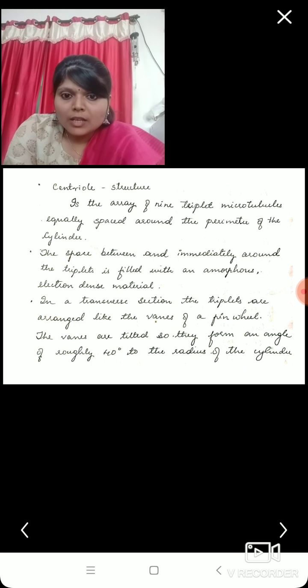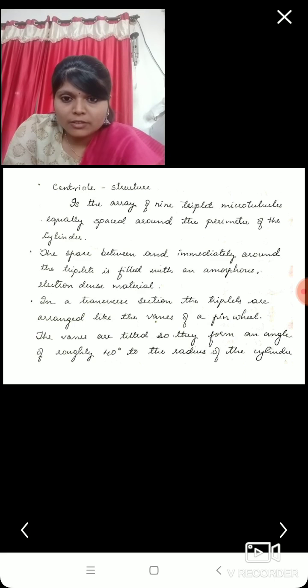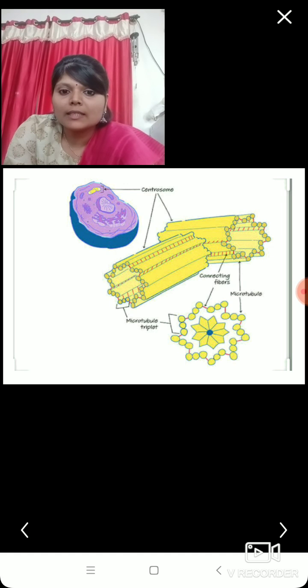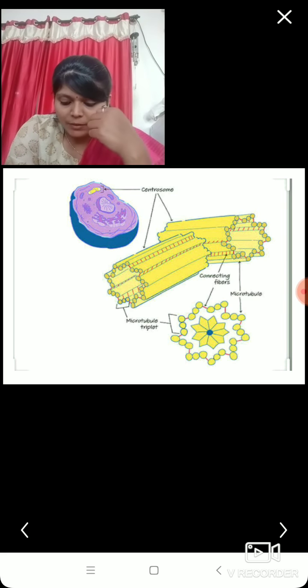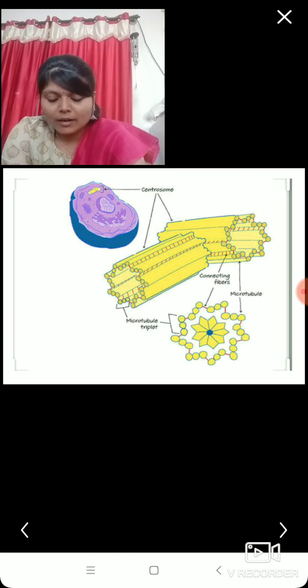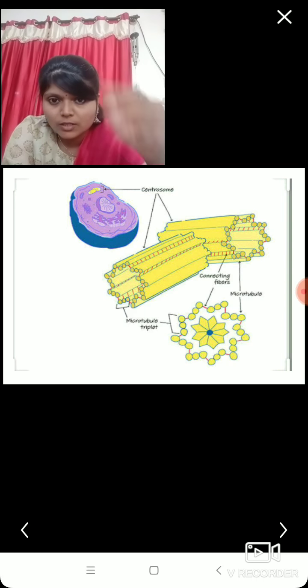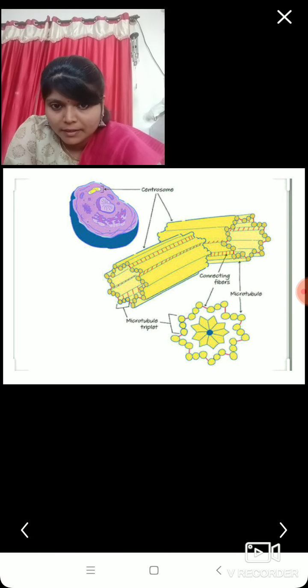Centriole structure. It is an array of 9 triplets of microtubules equally spaced around the perimeter. The space between and immediately around the triplets is filled with a dense, amorphous, electron dense material, which you can see here in the transverse veins in red color.